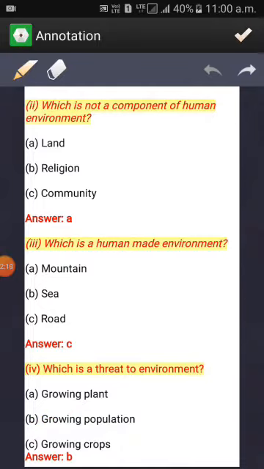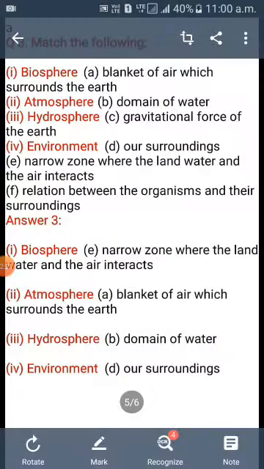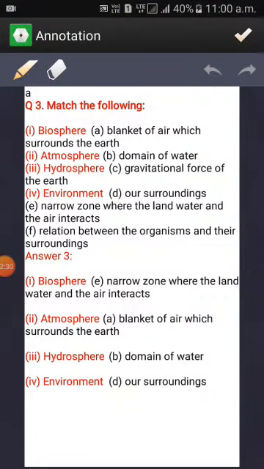Our next question is a matching type question. Match the following. From column A we have terms. We will read them out first. Biosphere, atmosphere, hydrosphere, environment.